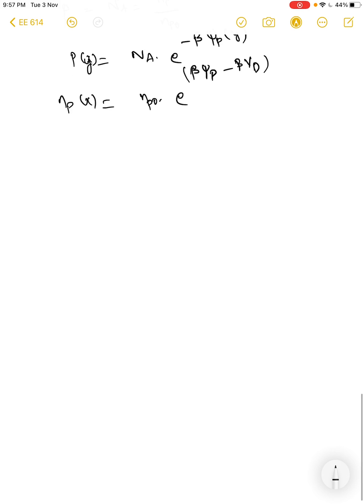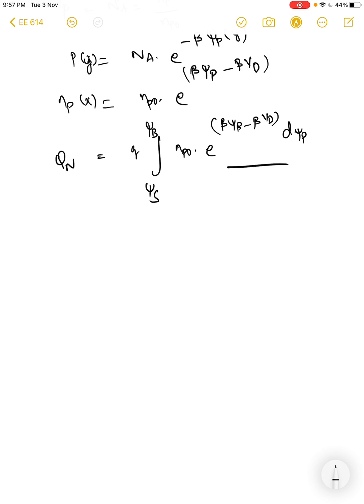So with this given, we can substitute Qn, which is written as Q integral psi s to psi b, b being the potential in the body, s being the potential at the surface, Np naught e power beta psi p minus beta Vd, d psi p by dy, right?